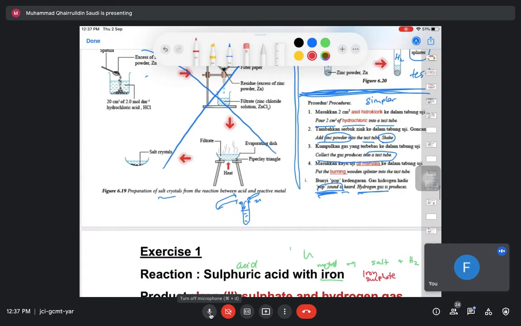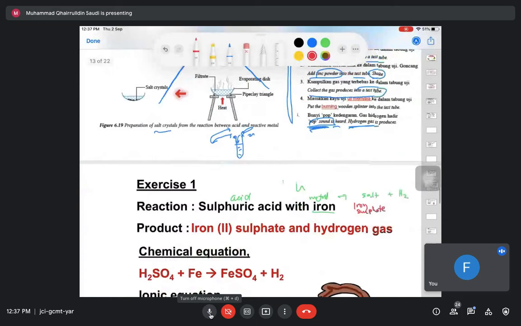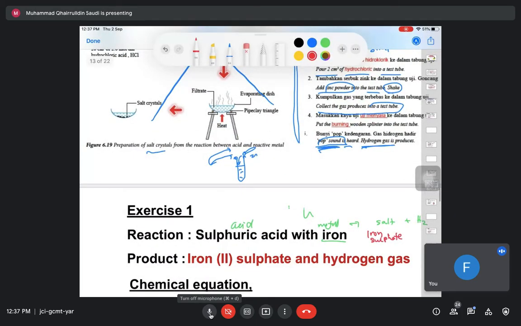Now we will have to write down the chemical equation. So sulfuric acid is H2SO4. Iron is Fe. Kemudian hydrogen gas is H2. We already know three chemical formula dah. Now we will just have to find the chemical formula for the salt.